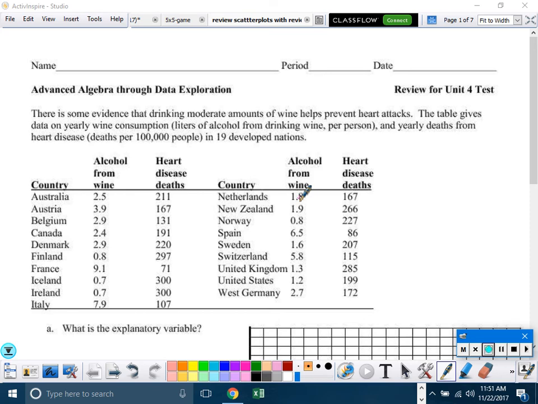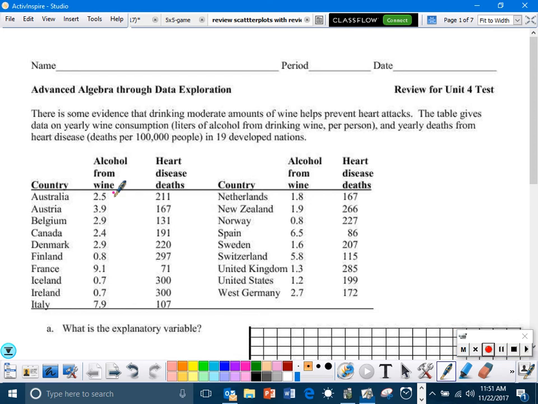When we look at this, we see that for Australia it's 2.5 liters, and the heart disease deaths is 211 out of 100,000 people. Keep that in mind as we look at this problem.